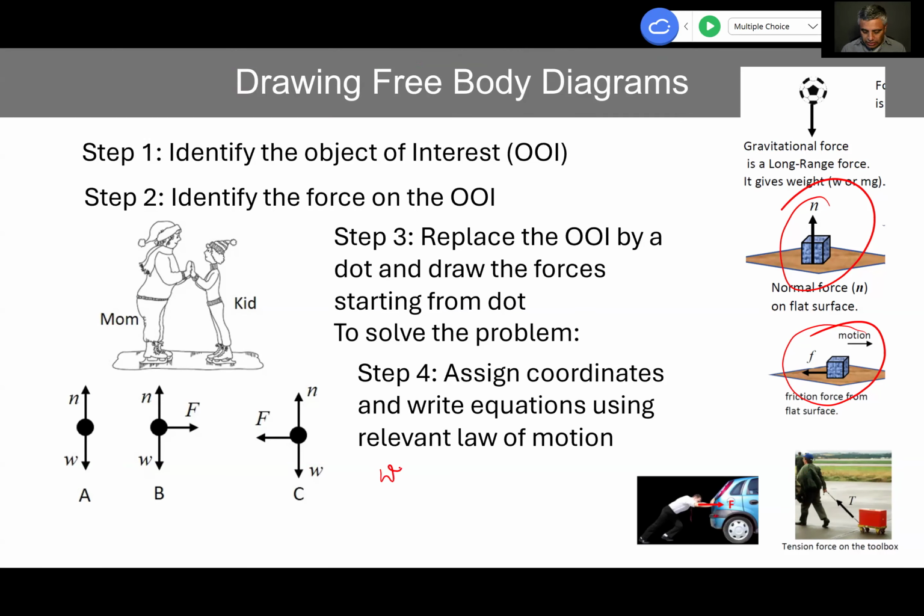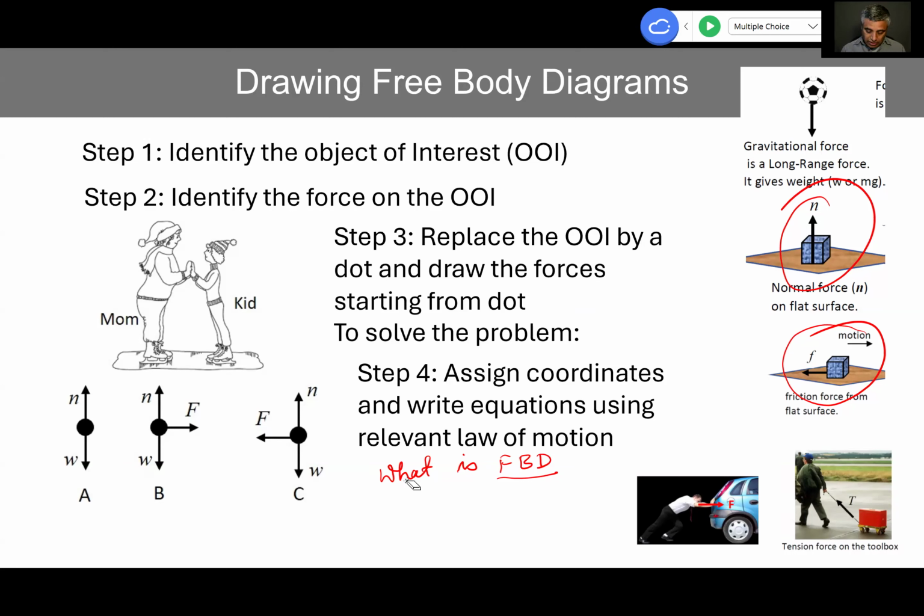What is a free body diagram? Sometimes we may write free body diagram in short as FBD, all uppercase. That means, what is a free body diagram?